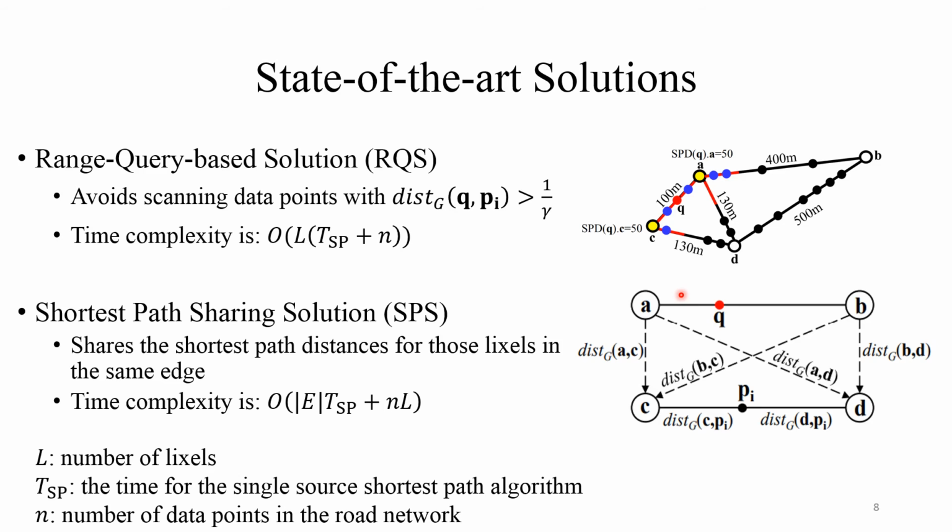Although SPS is simple, SPS can achieve the smaller time complexity O(|E| times TSP plus NL) compared with ArcGIS. Why? Each edge contains more than one lixel. Therefore, this L is bigger than this magnitude E. This explains why SPS is theoretically faster than ArcGIS.